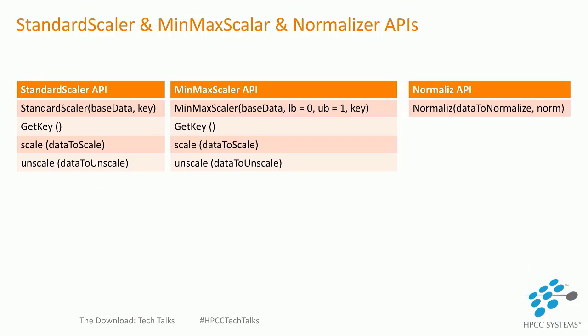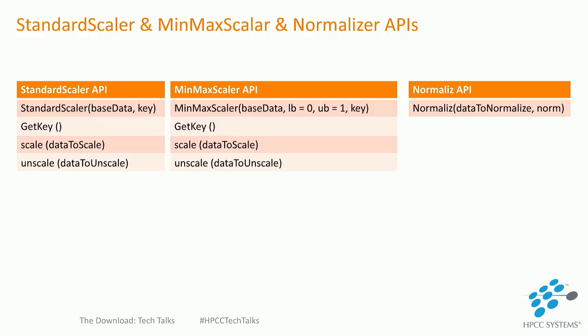And then their APIs are shown here. You have the standard scaler API and minimal scaler API. They both have three similar functions: GetKey, scale, and unscale, where scale is for scaling your data, and unscale if you want to do the reverse operation.